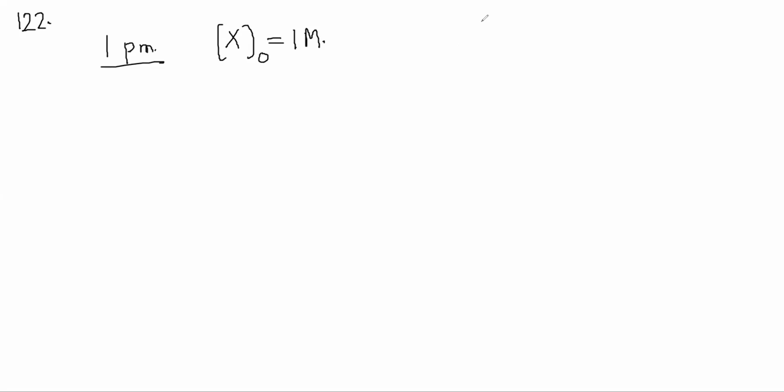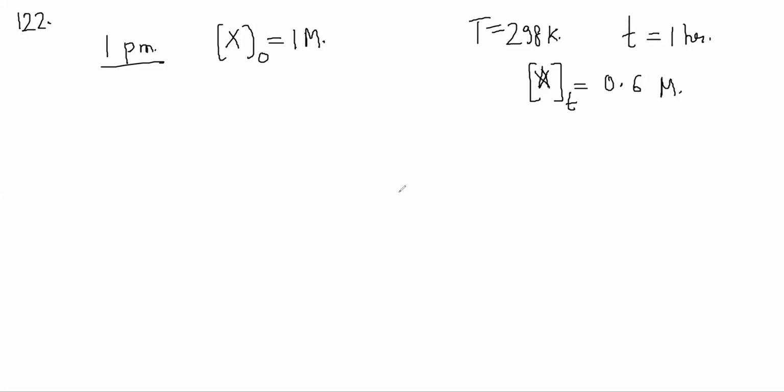Temperature of 298 Kelvin. And you let the reaction happen for time equal to 1 hour, right? And final concentration is 0.6 molar, right? So here X_t is 0.6 molar, right?